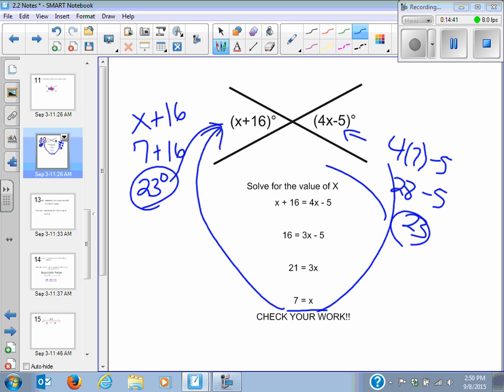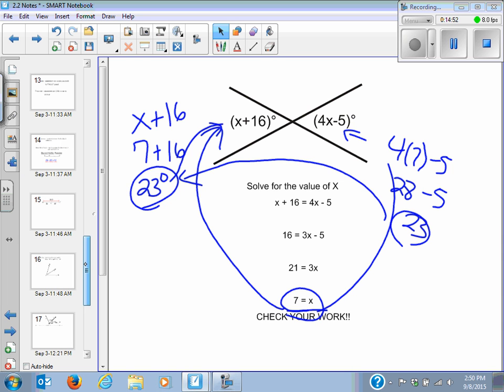They both end up being 23, which better happen, so I know that 7 is the correct answer. Again, I'm just checking my work so that before I leave the classroom, I know I got that question 100% correct.